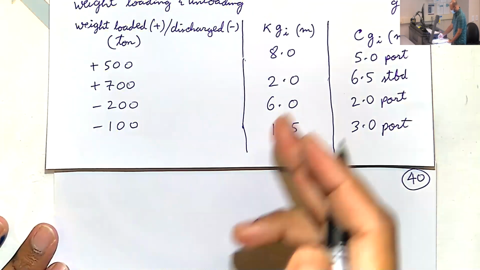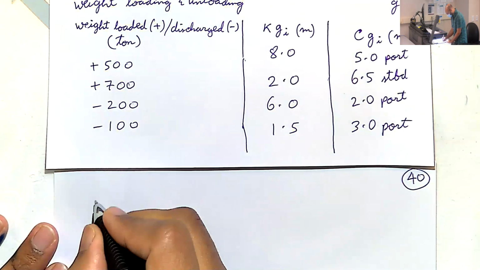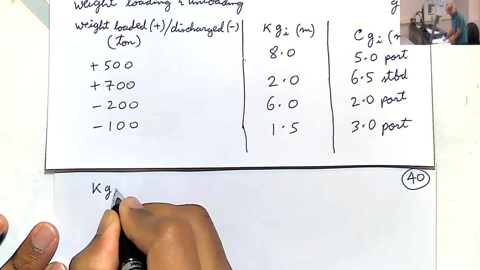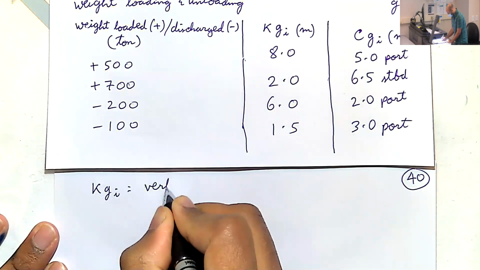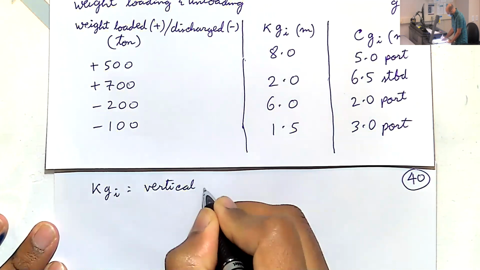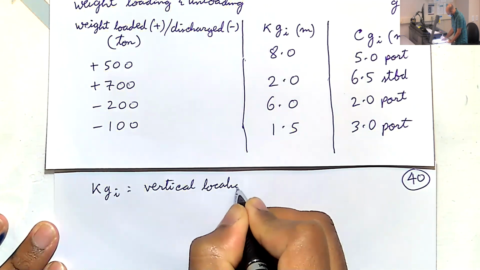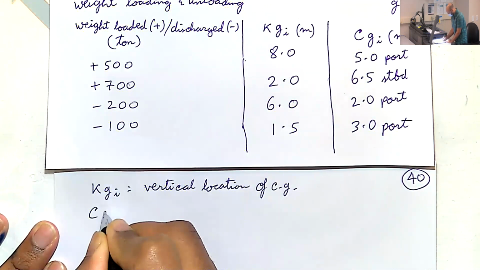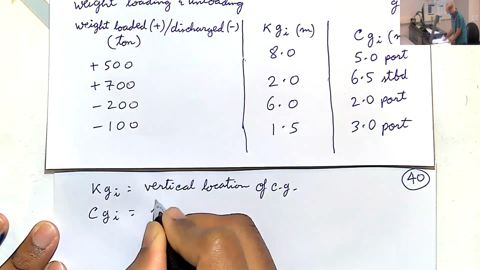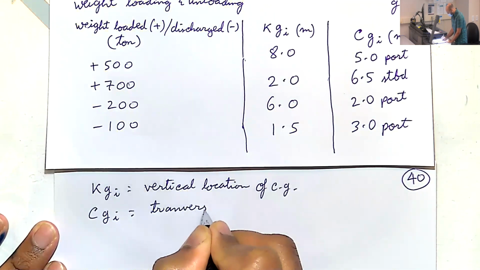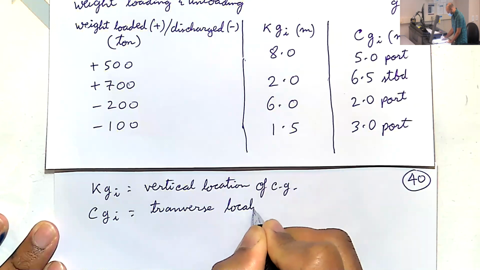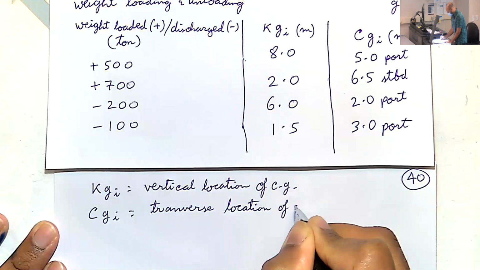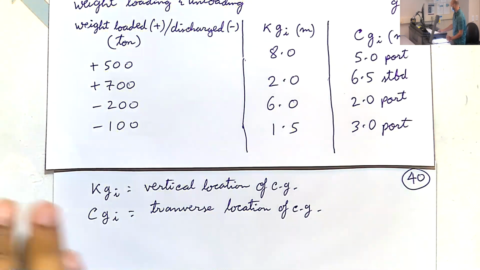Let me just write out: KGi is the vertical location of CG, and CGi is transverse. Okay, and we're also given other information.